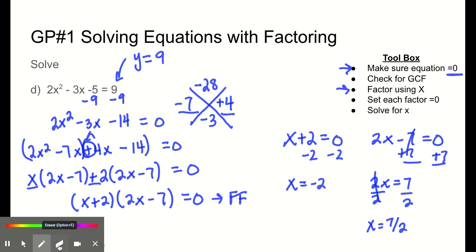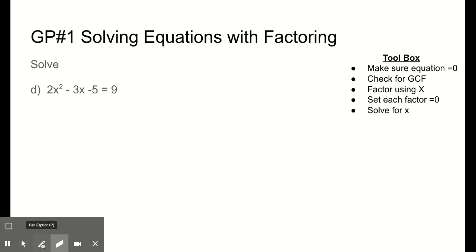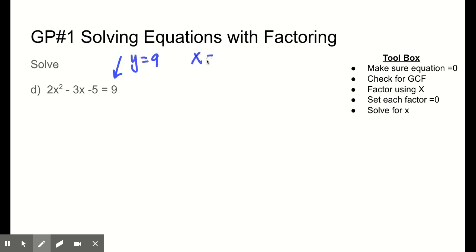So one last time, let's take a look at what this means. So remember what we solved for here is when y is equal to 9, and we got x values of negative 2 and 7 over 2.